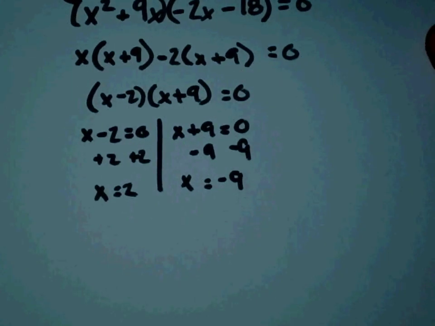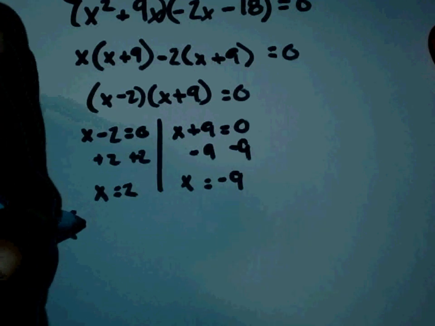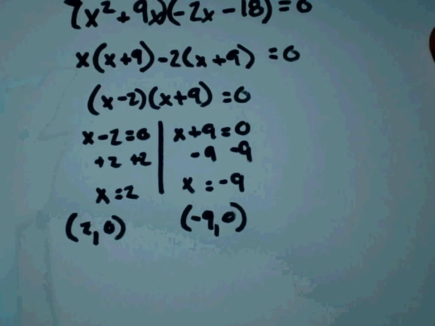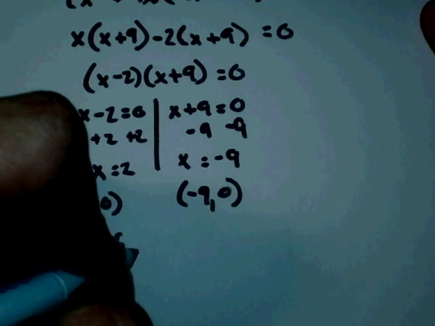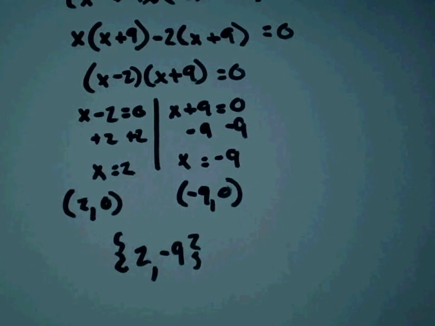So the way that our solution could be written is this is a coordinate where the y value is 0. This is a coordinate where the y value is 0. Your answer form has them written in set notation of 2 and negative 9.